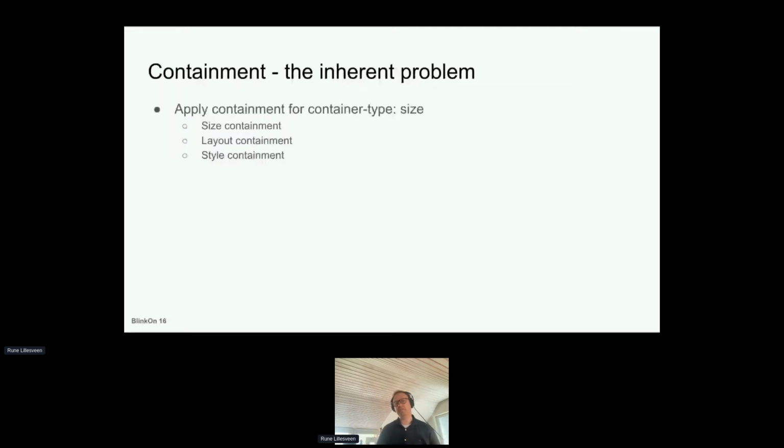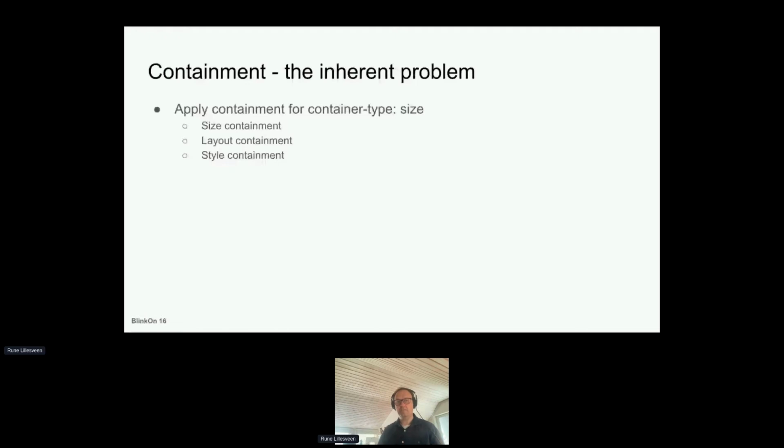And one way to solve this is to introduce containment when we establish a container for size queries. Containment is something we already have in the CSS contain spec, where we can apply size, layout, and style containment on an element. It's introduced for performance reasons, and being able to do layouts without affecting layouts on the outside of your element.